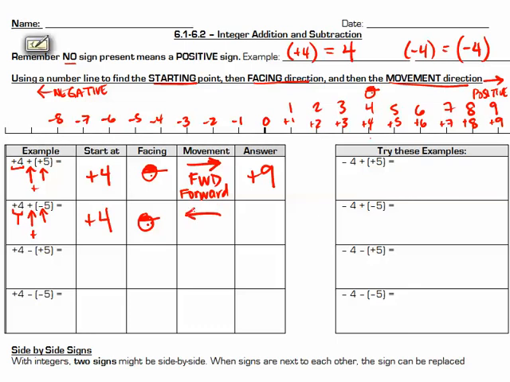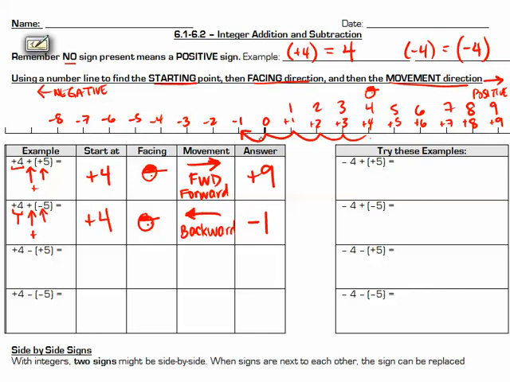So now he is moving backwards from the way he's facing. So if I start at 4, he's facing the same direction because it was supposed to be an addition, but I'm going back in time 5 steps because 5 steps ago I would have been at negative 1. So 1, 2, 3, 4, 5 steps ago.